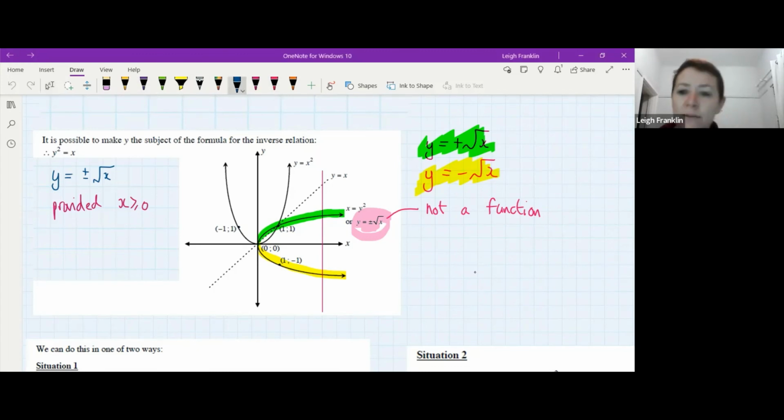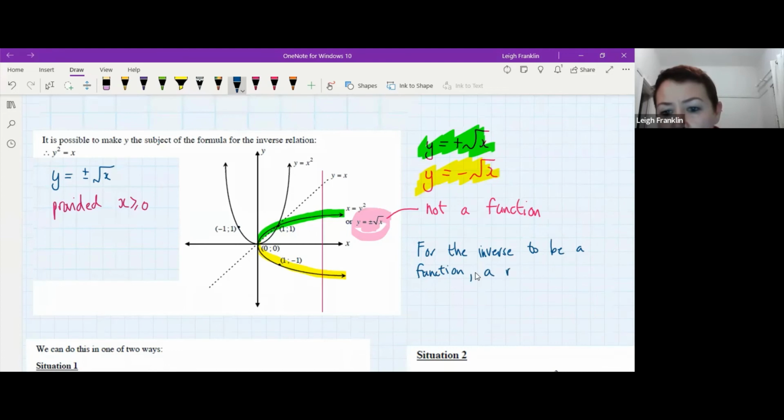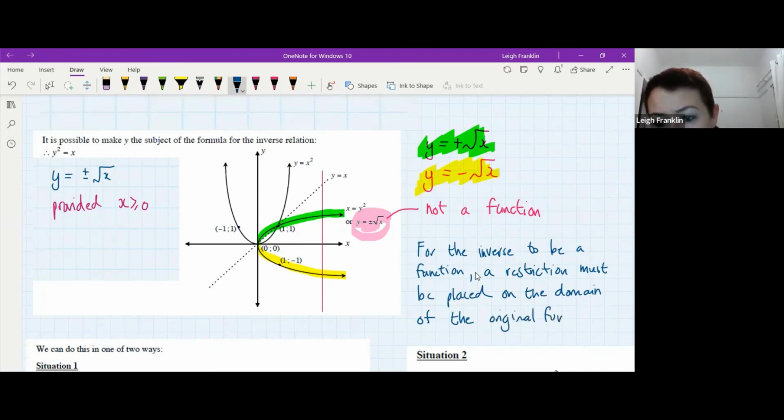Okay, so in order for the inverse to be a function, a restriction must be placed on the domain of the original function.